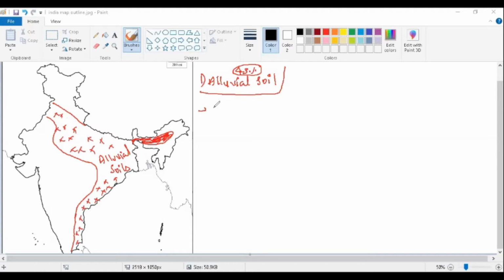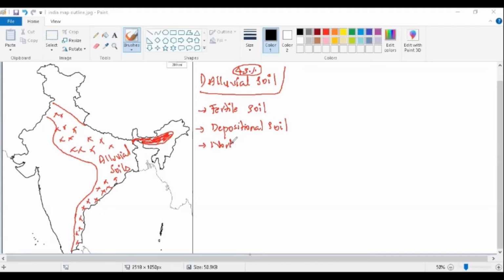So it's fertile soil because it is always newly deposited by flowing rivers. Next, obviously it's a depositional soil by rivers. And we can also include one feature as region.